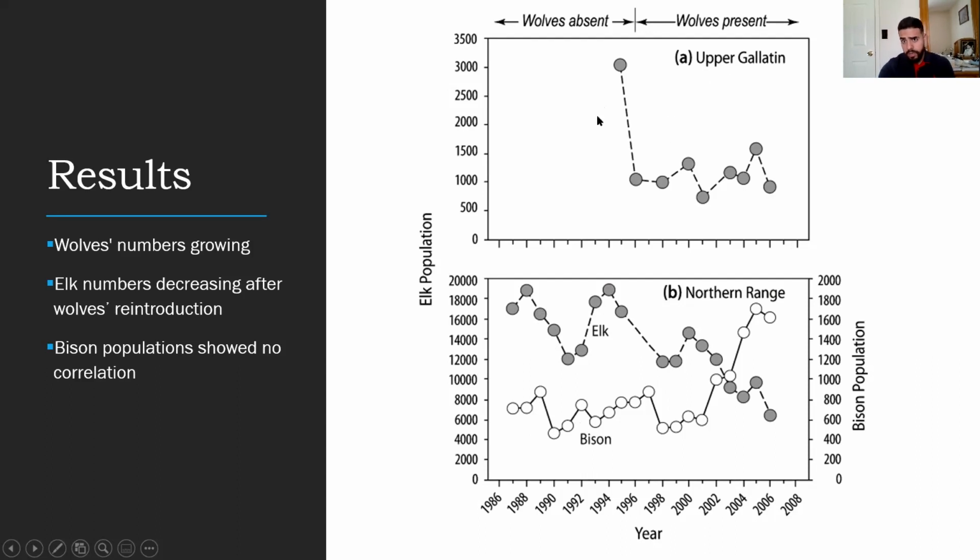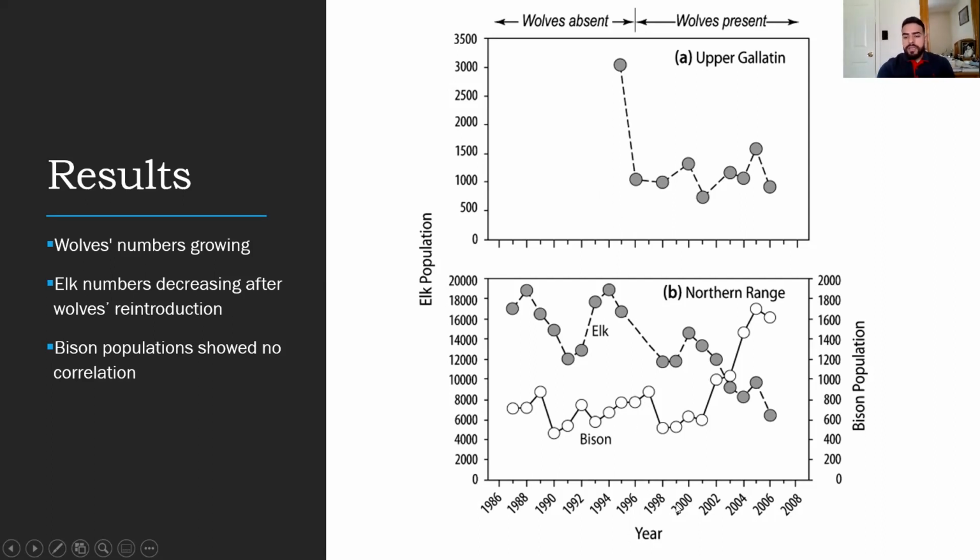So in the Upper Gallatin area, you only see the gray dots, which, like I mentioned, represent the elk population, and there's no white dots up here. That's because there was no bison population in the Upper Gallatin, and only elk were found in that area. And here you can see both, and how they relate.